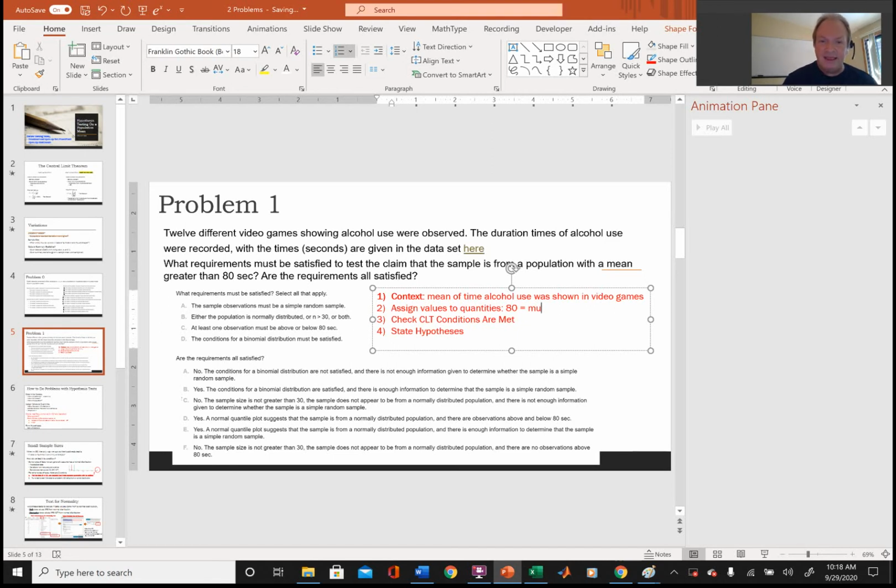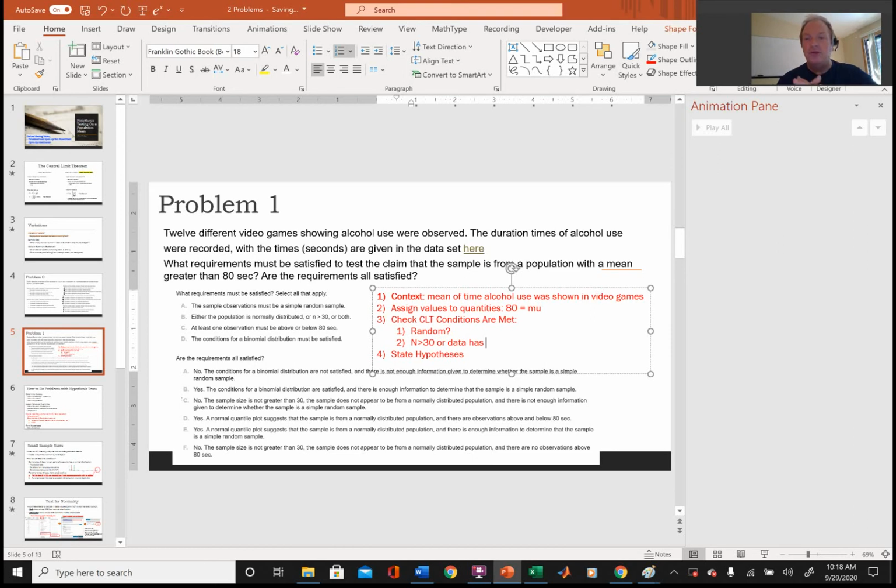So now we have an idea of what's going on. We're going to check the conditions for the central limit theorem. So again, what are we checking? We're checking to see that our sample is random, and we're either going to have to check that n is greater than 30 or that the data has a normal distribution.